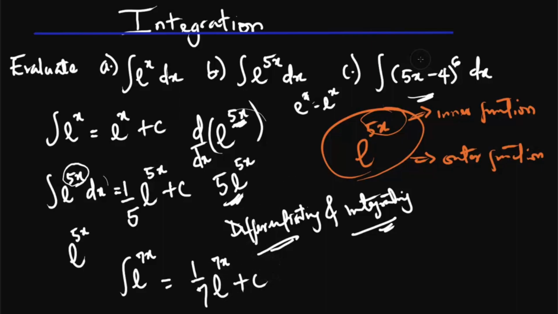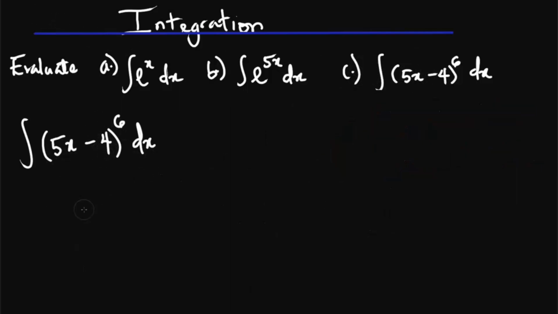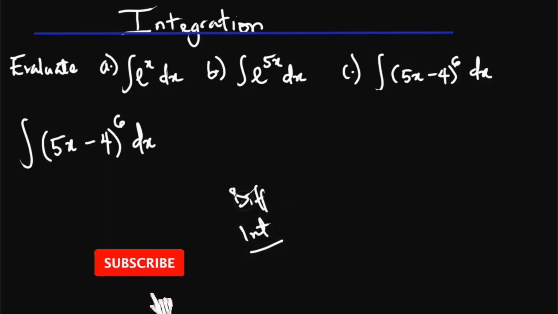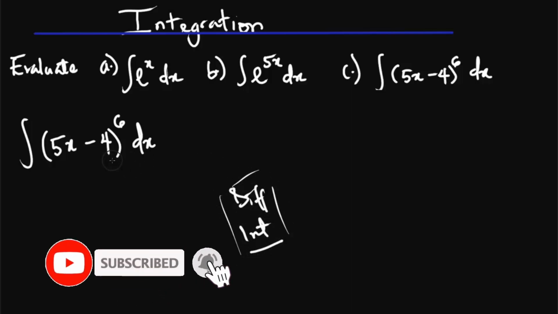Alright, so let's solve this problem C. The first thing we established is that this is a function of a function, and we are doing two things: differentiating and integrating.